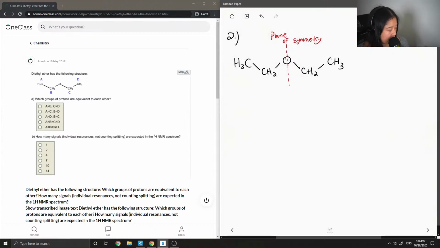When we want to find out which groups of protons are equivalent to each other, we want to first look at the neighbors, and also the chemical environment of each proton.